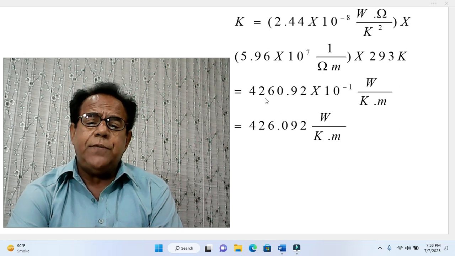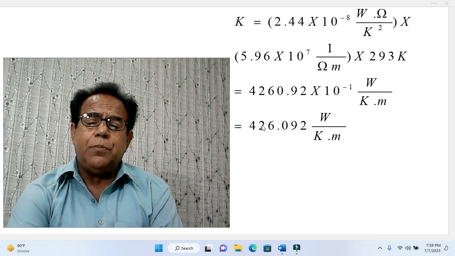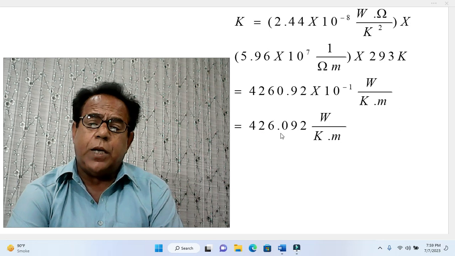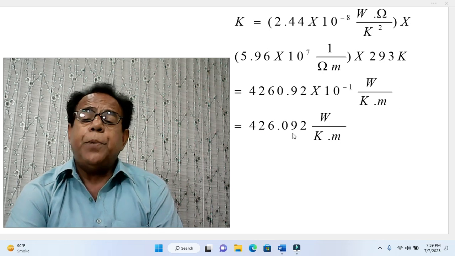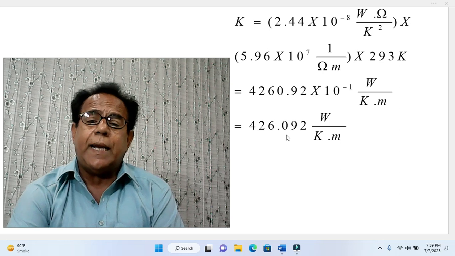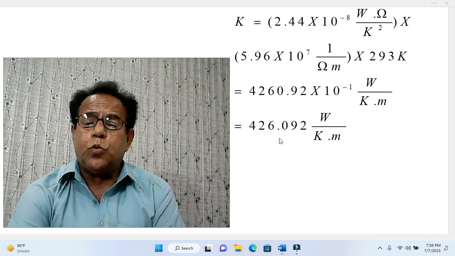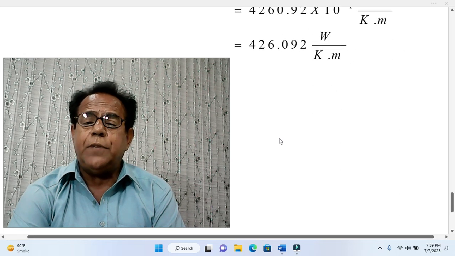Previously it was 4260.92 and now it has become 426.092 because it has been multiplied with 10 inverse. Hence our value of K has become equal to 426.092 watt over Kelvin meter.